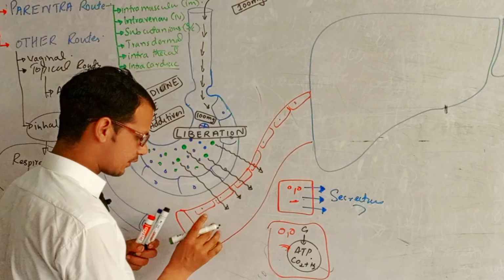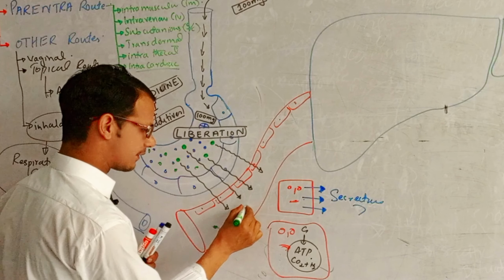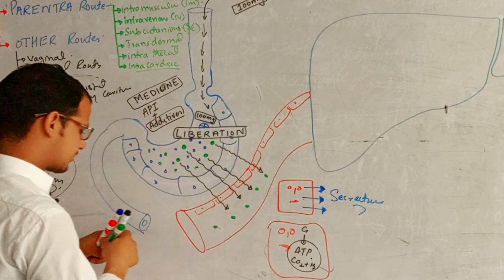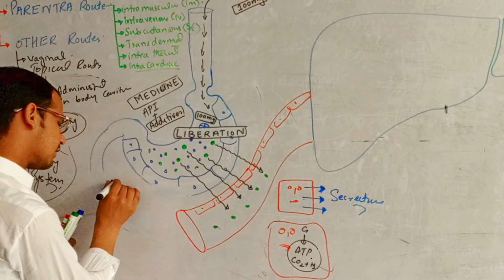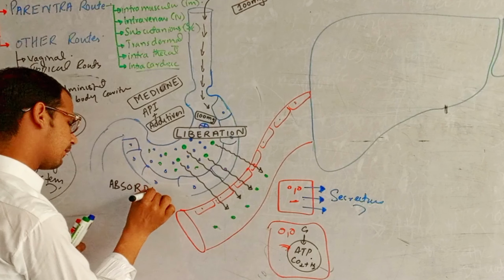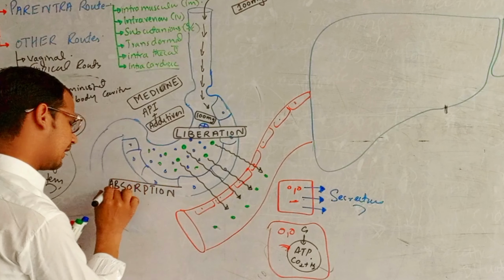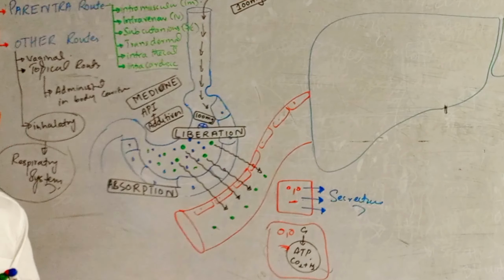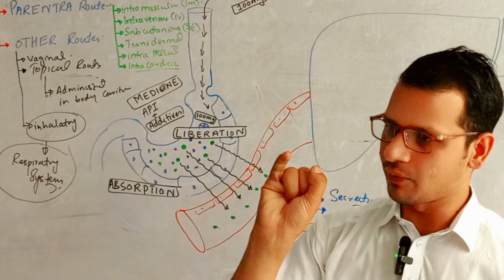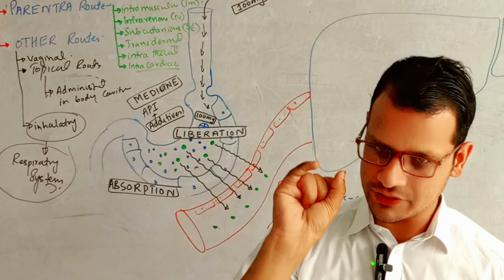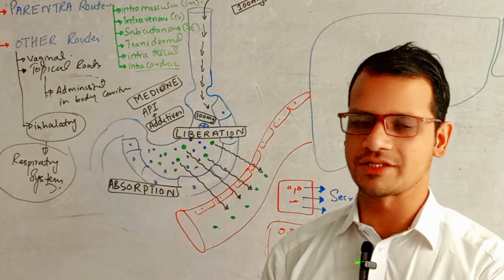This is the drug which came into blood plasma. Now, this step is called absorption. What is absorption? How can you define absorption? This is the process by which the drugs travel from a site of administration into blood plasma.